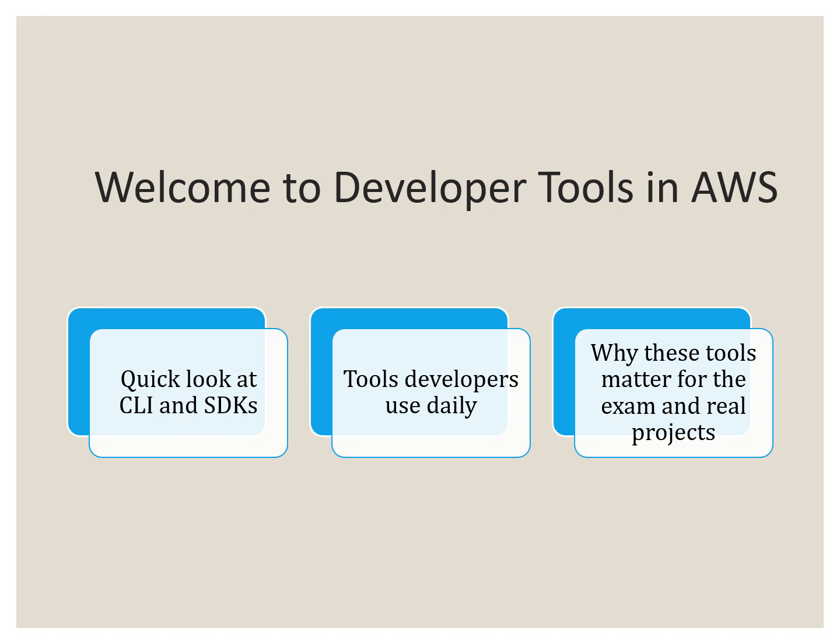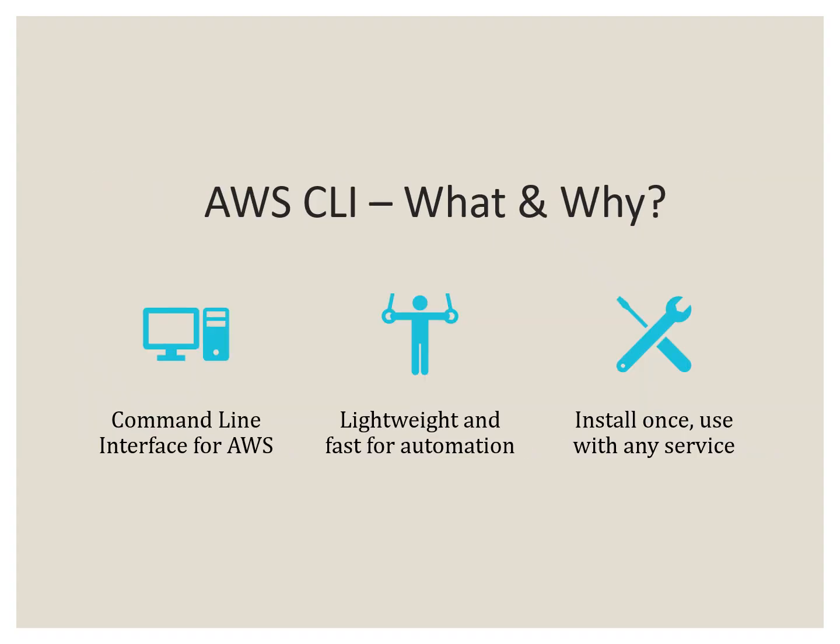We are discussing today developer tools actually used in the real world, the AWS Command Line Interface (CLI) and SDKs. These tools aren't just nice to know, they're tested on the certification exam, and they make cloud development way more powerful. The AWS CLI is a tool that lets you manage AWS services right from your terminal.